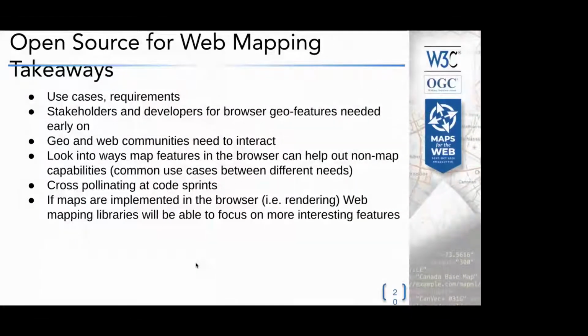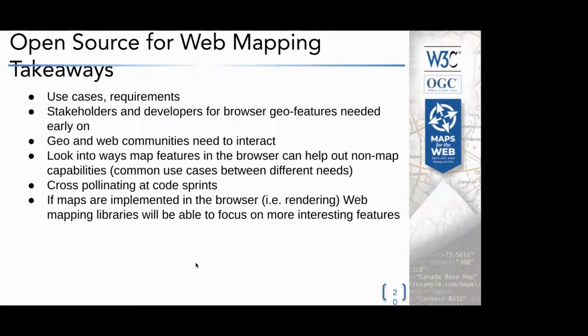The takeaways were that initially we should contribute to use cases and requirements. Stakeholders and developers for browser features are needed from now on, basically. Geo people should get involved in guiding the evolution of browsers, and we can do that by interacting more.